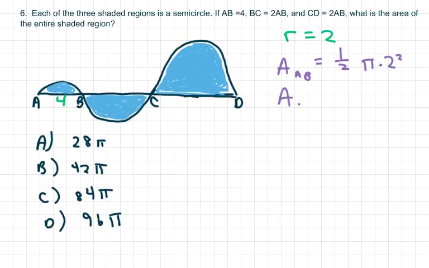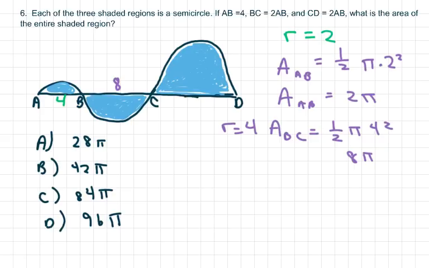So the area of AB equals 2 pi. Now, if BC is 2AB, then BC is 8, and the radius, therefore, will be 4. So the area of BC is 1/2 pi 4 squared, which is 8 pi.